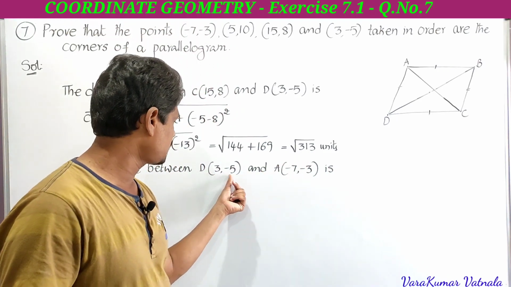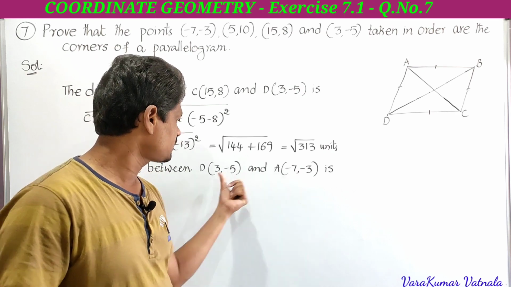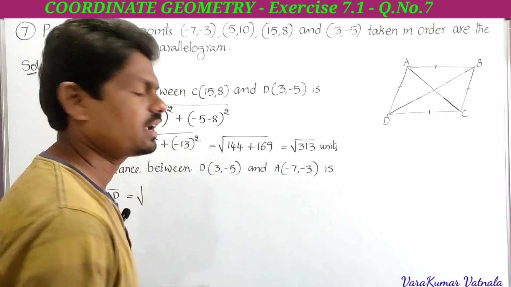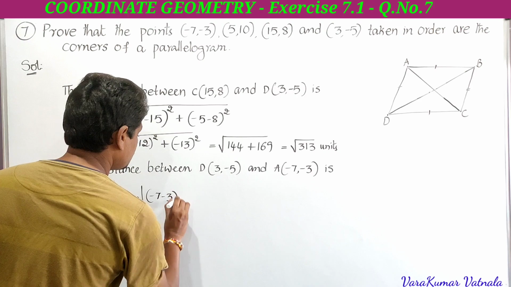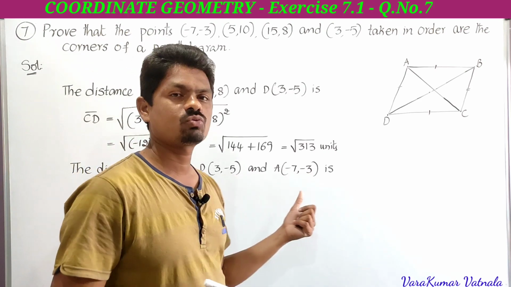Let it be x1, y1 and x2, y2. x2 is minus 7, x1 is 3. So x2 minus x1 whole square is minus 7 minus 3 whole square, plus y2 minus y1 whole square.